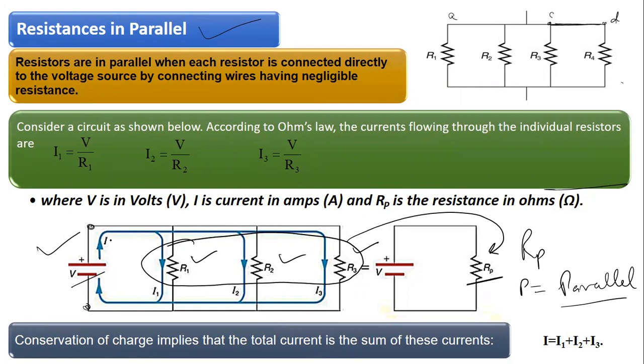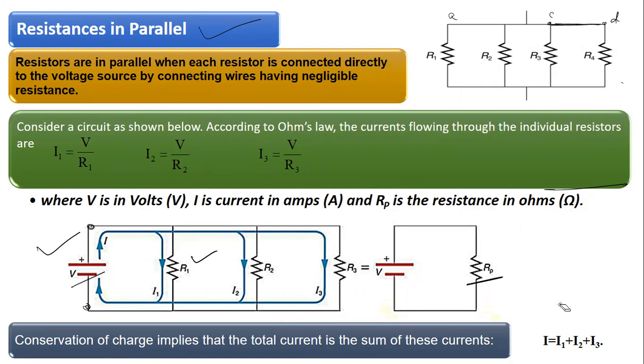Okay, we all know that when this current I flows, it will come to this junction, divide here, and go to this particular junction. Now let us say this is node A and this is node B. These two nodes are at the same potential.